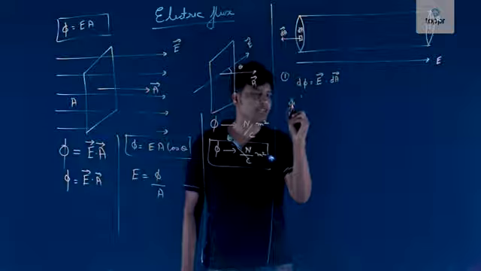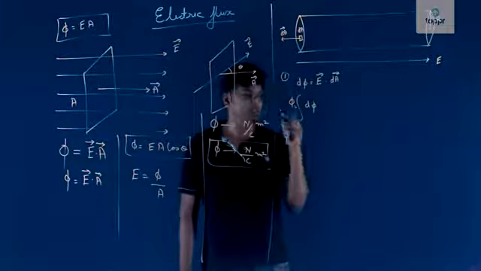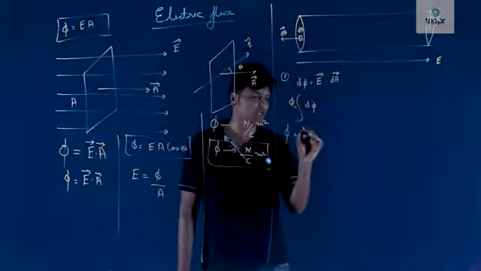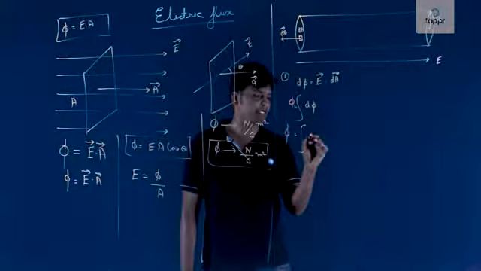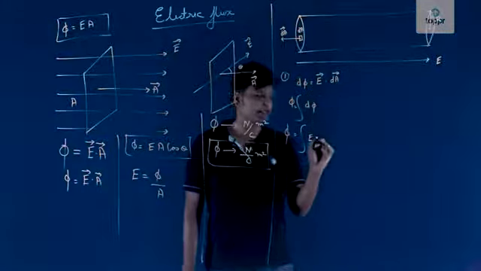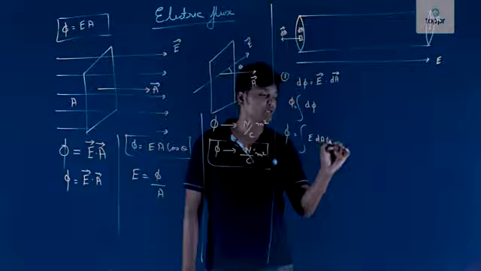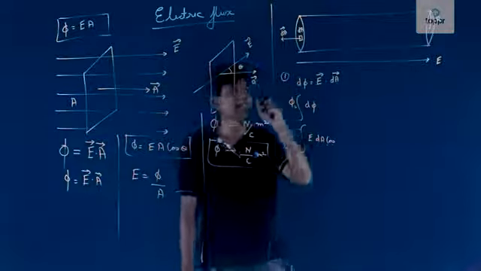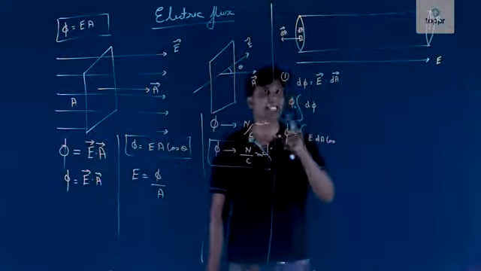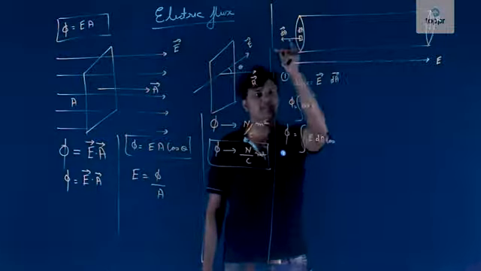I can write phi is equal to integration of d phi. So phi for the first region is equal to the integration of d phi, where d phi is magnitude of E into magnitude of dA into cos theta. Now what is the angle between the area vector and the E vector? E vector is in this direction whereas dA is in the opposite direction.